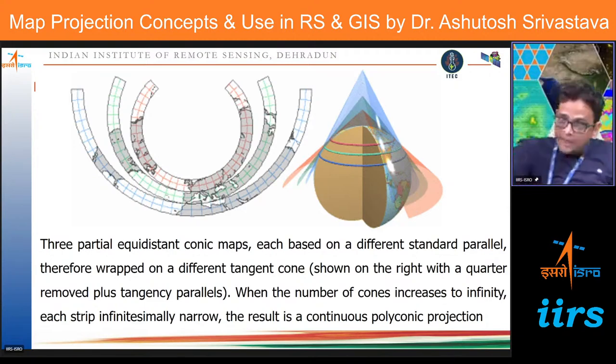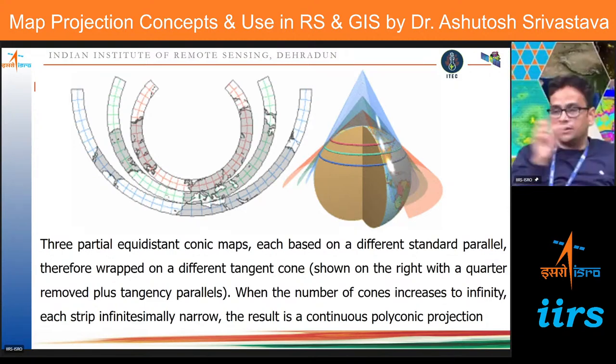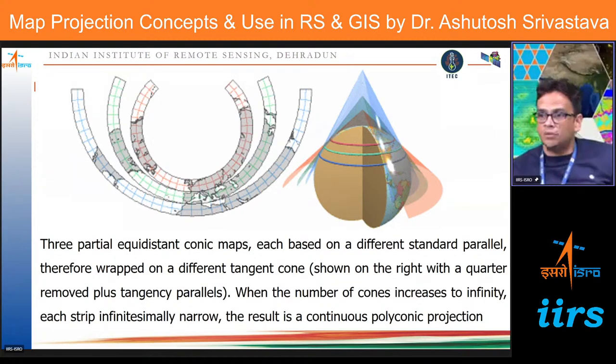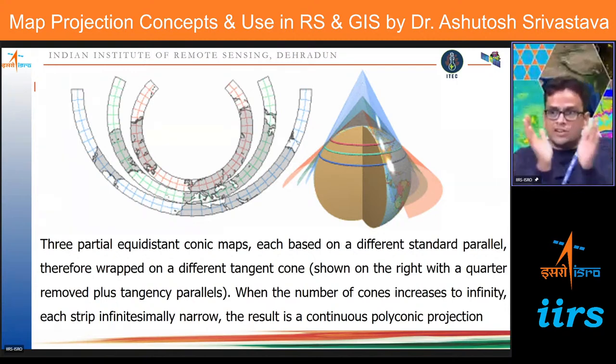Then we take another strip wherever it is touching, so there will not be any distortion. Similarly we take the other cones of different sizes, take strips and put them like that. So we take infinitely small strips which will be connected together, and then the map will be generated.